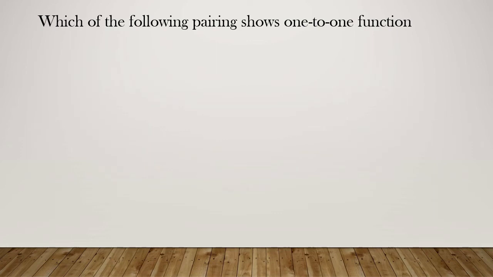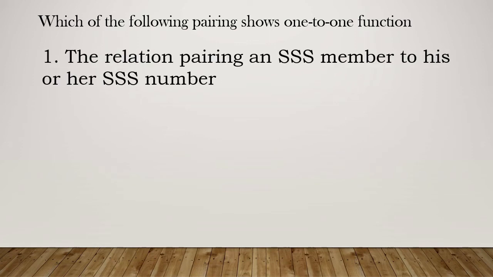There are some situations in real life that may show one-to-one function. Let us see which of the following pairings show a one-to-one function. The relation pairing an SSS member to his or her SSS number.